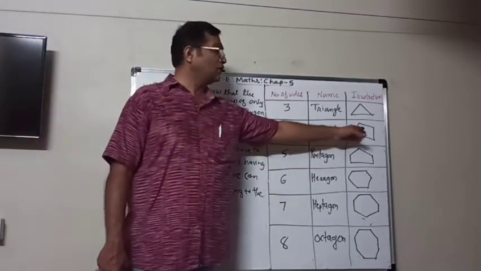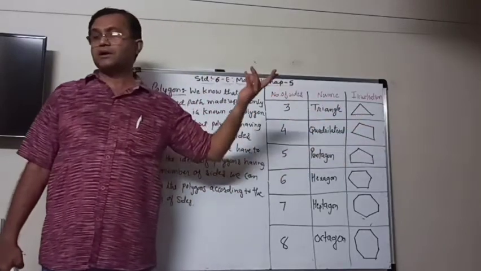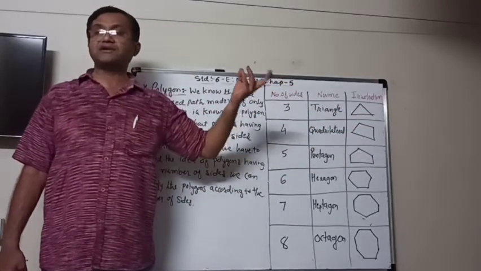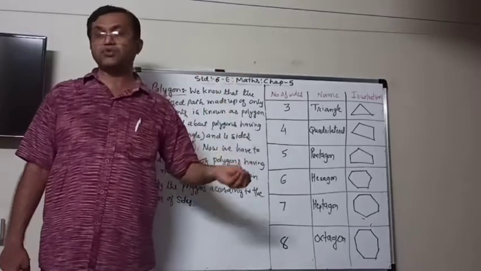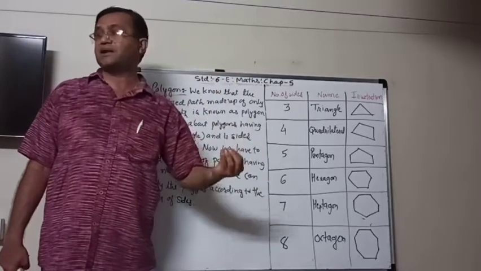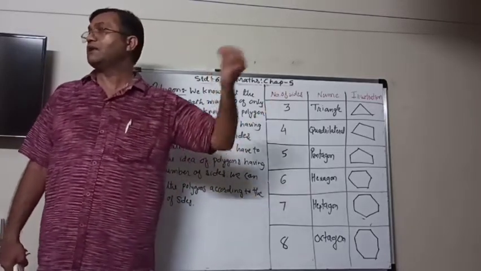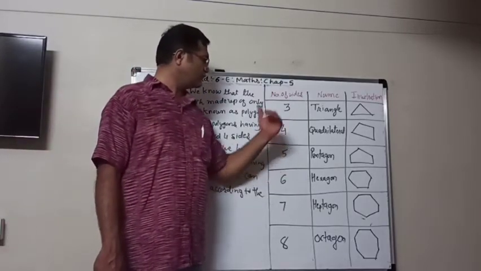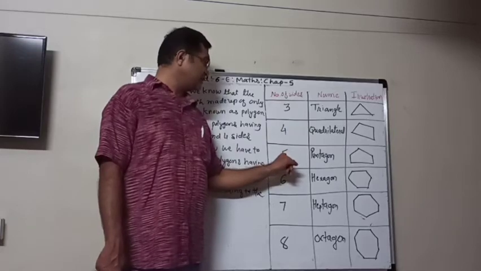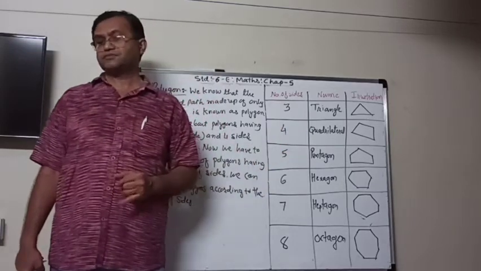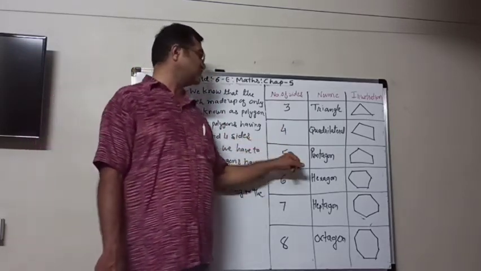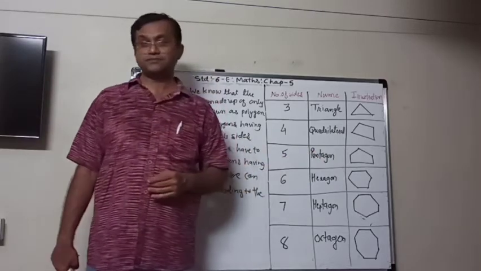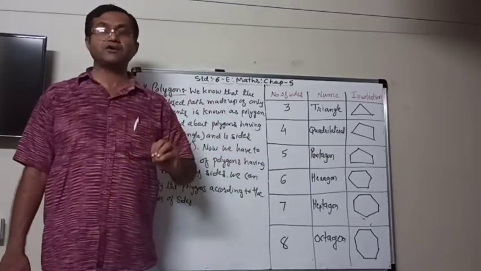And we also already learned about other types of quadrilaterals like rectangle, square, rhombus, parallelogram and trapezium, etc. Then if you go forward, the polygon having 5 sides is known as a pentagon. Penta means 5.